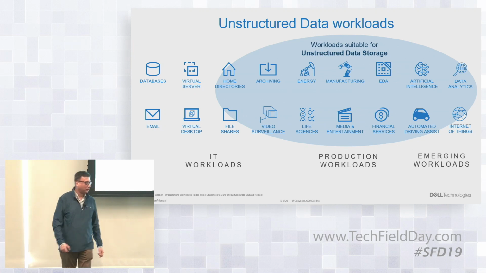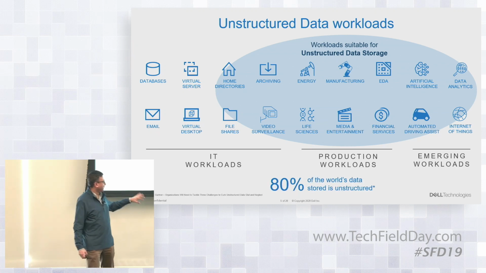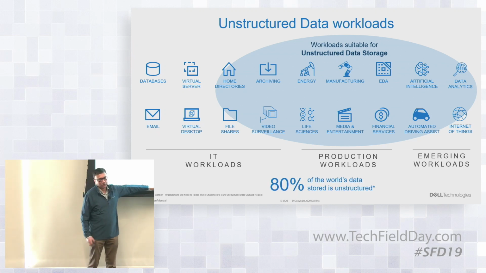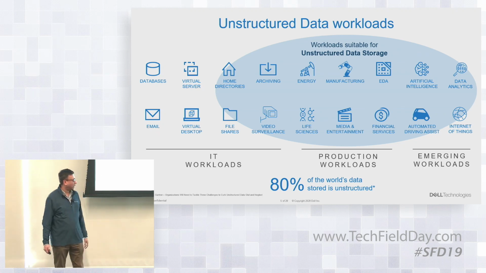That's what we call unstructured data. And that's where Isilon and our unstructured data portfolio plays. Just a quick stat out here. If you look at all the data in the world today, 80% of that data is unstructured. So that's where we play. It's a growing market.